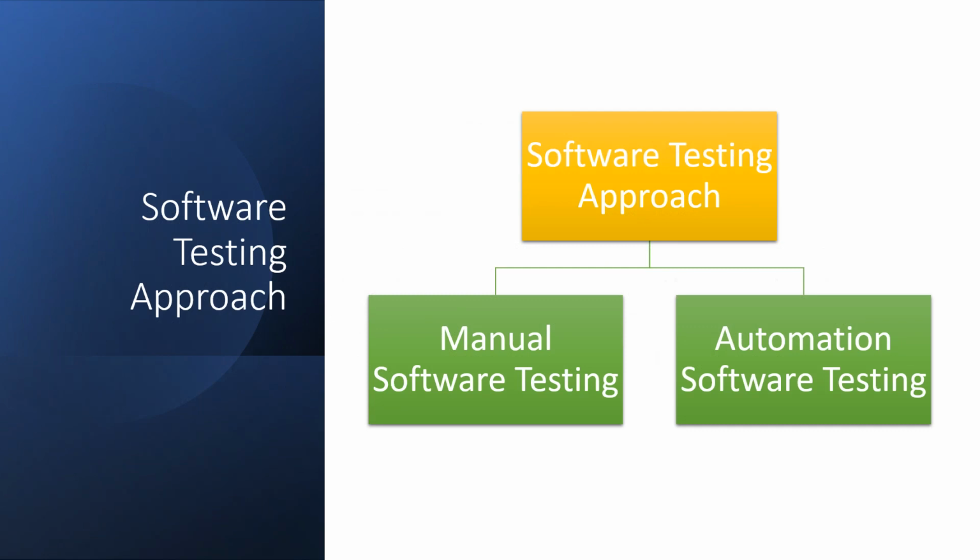The first one is that manual testing of all workflows, all fields, and all negative scenarios is time and money consuming. If you are testing software which has a lot of workflows, a lot of fields and a lot of negative scenarios, then as a manual tester it will be time and money consuming.